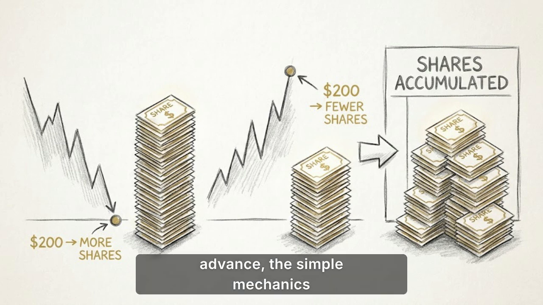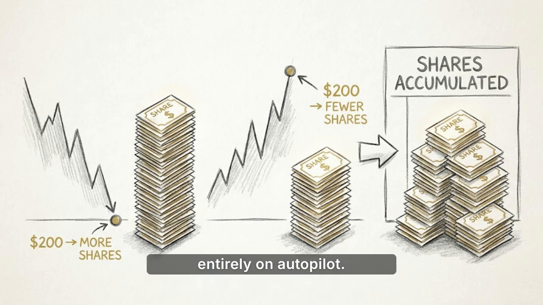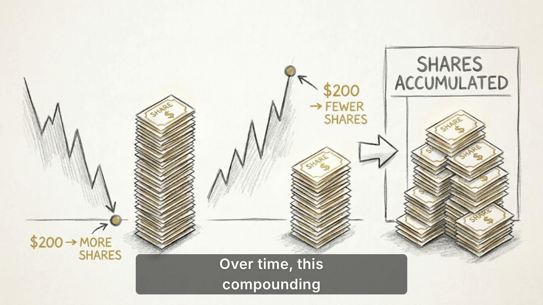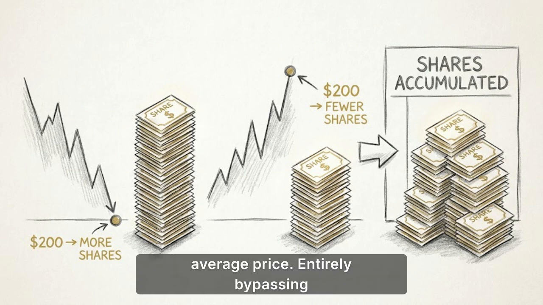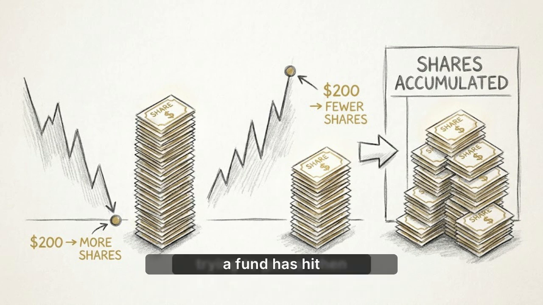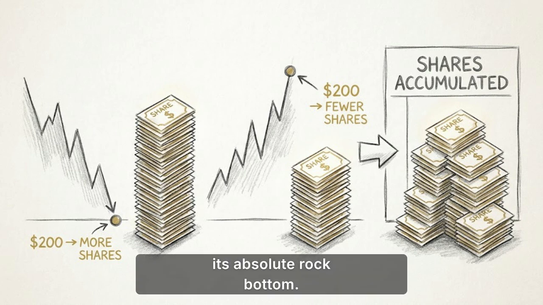The simple mechanics of the math handle the optimization for you, entirely on autopilot. Over time, this compounding effect builds a substantial pile of accumulated shares. You end up acquiring the majority of your portfolio at a lower average price, entirely bypassing the psychological trap of trying to guess when a fund has hit its absolute rock bottom.